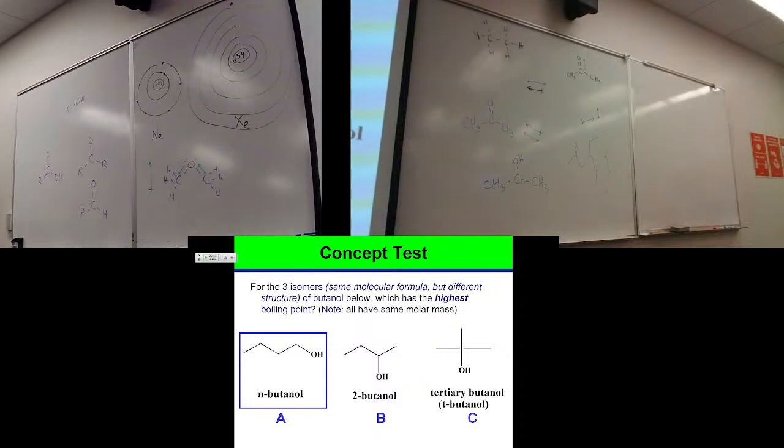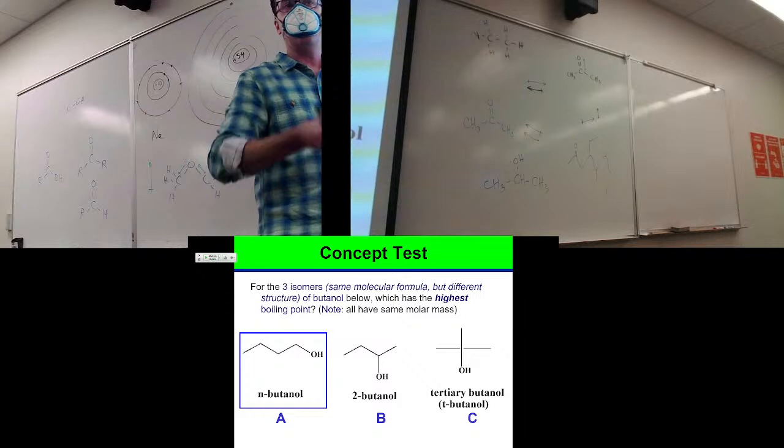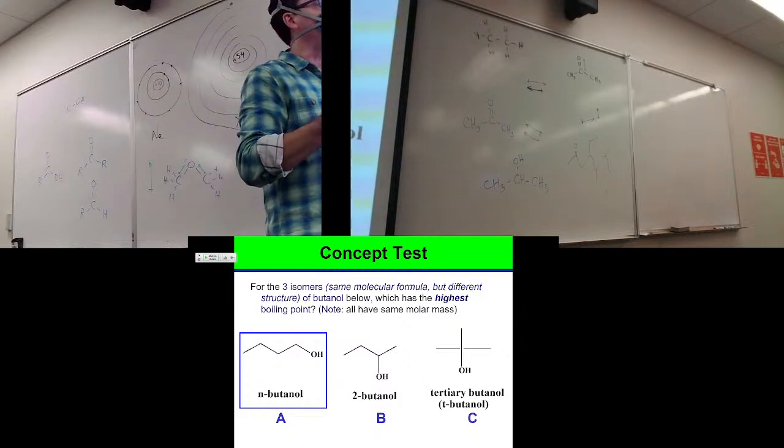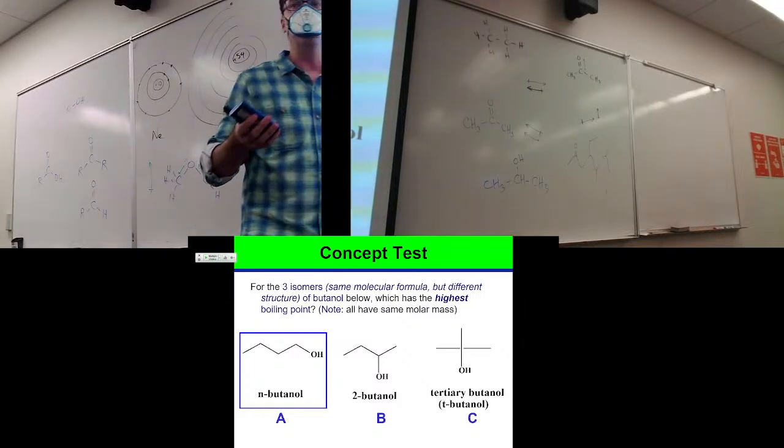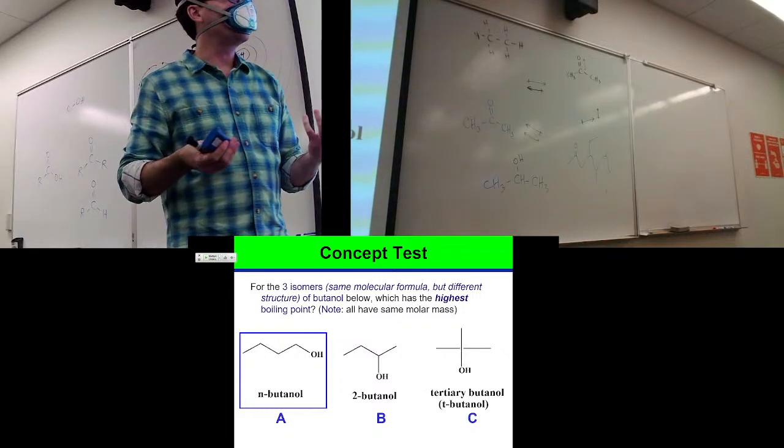This carbon is connected to 1, 2 other carbons. Here's the OH. Here's the carbon it's connected to. This carbon is connected to 1, 2, 3 other carbons. So the more carbons that are surrounding that carbon the functional group is connected to, the more sterically hindered it is.